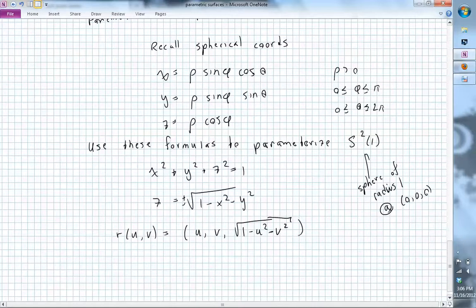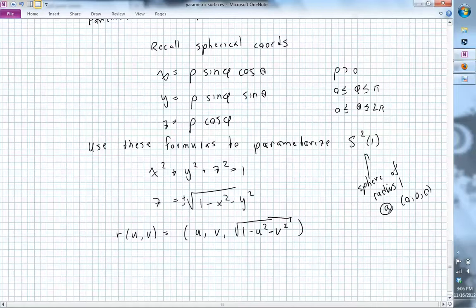And why settle for half when you can have the whole thing? Which is really the point of this whole exercise in parameterizations. So I can parameterize the upper half like this, or I can put a minus sign out there and parameterize the lower half, but what I can't do is parameterize the whole thing at the same time using this formula.